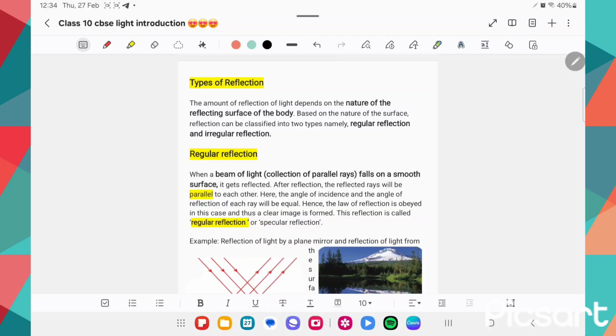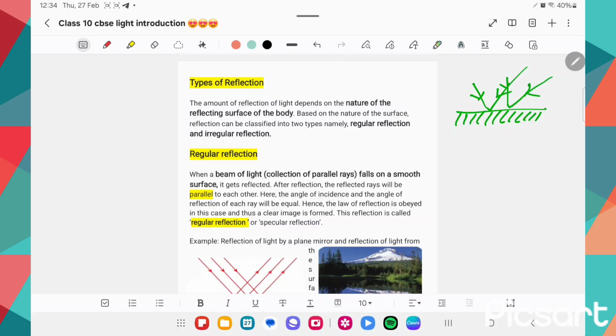For example, a mirror is a thing which reflects the light totally back to us, correct இல்லையா? So if a light falls on the mirror, it will totally reflect the light back, correct இல்லையா? So the reflection is either a regular reflection or an irregular reflection.